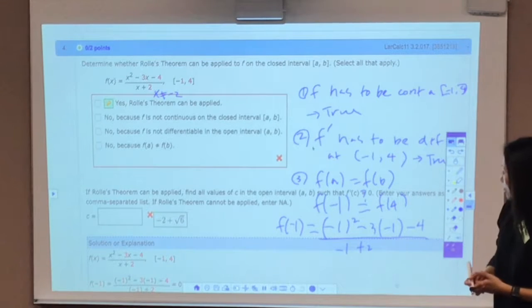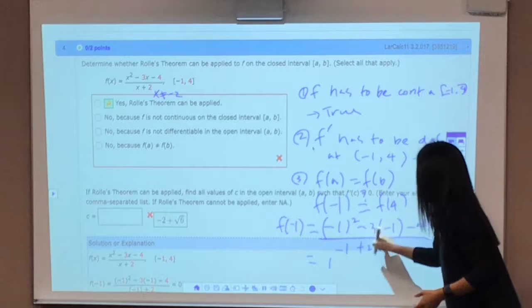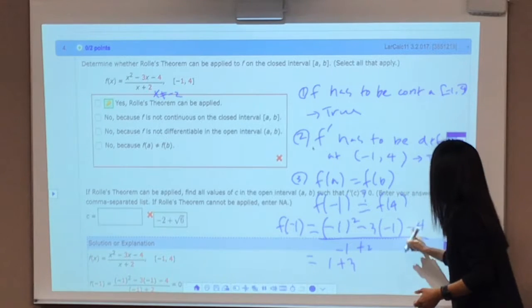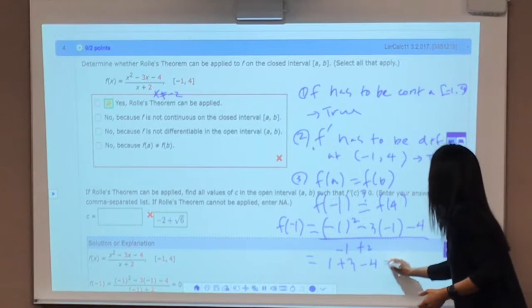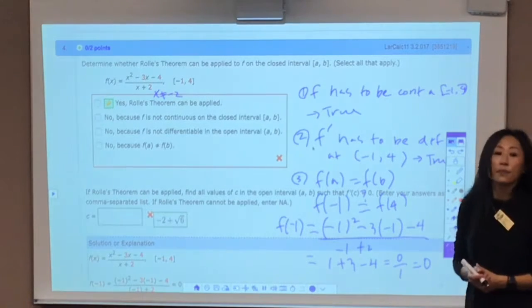This is a 1, this is a 3, this is a -4. I get a 0 on the numerator. So I get a 0.